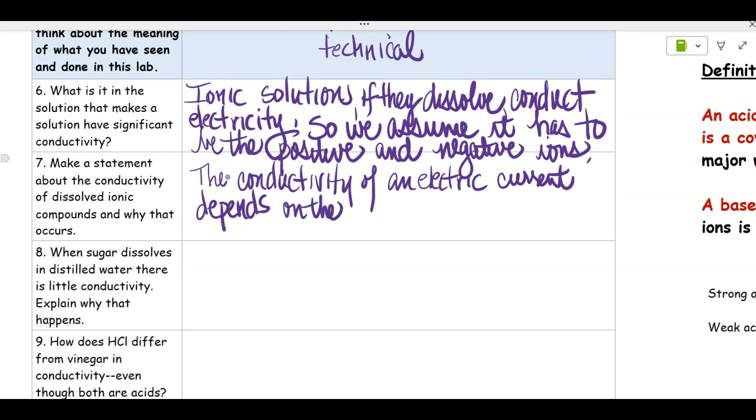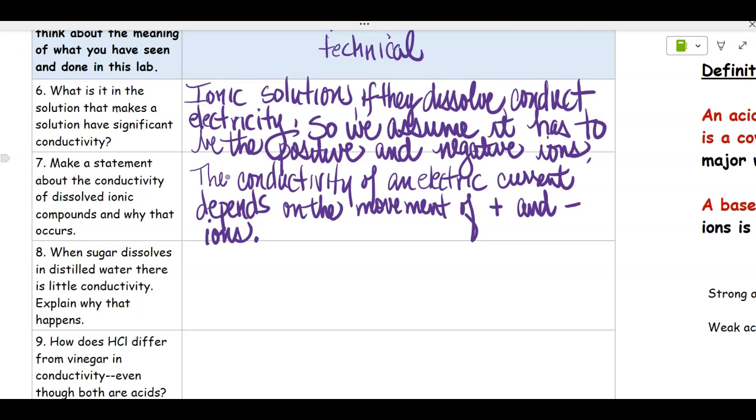We know all particles are in motion. All ions are in motion. All right? Of the positive and the negative ions. All right? It's the fact they're charged that matters.